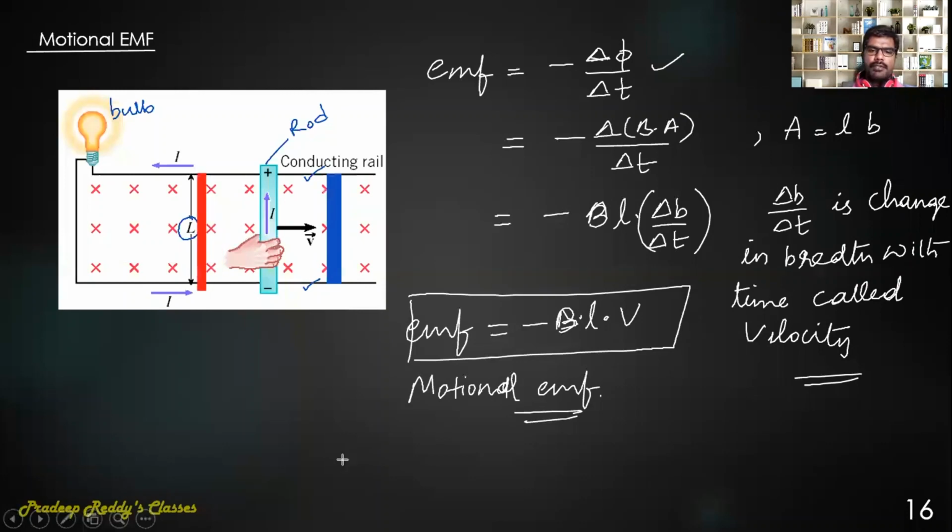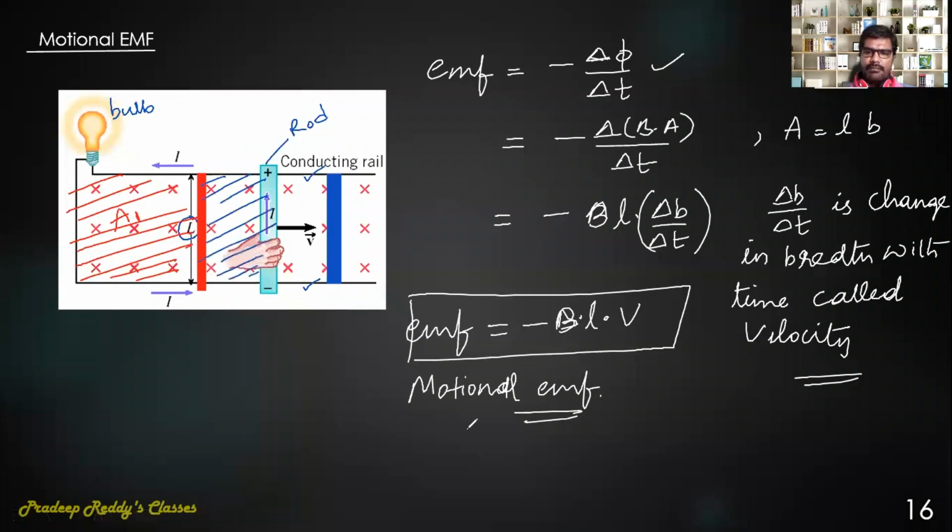So L is length, which is not variable, but if you observe the area of cross section here, initially I name it as A1. Now, when you are moving the rod outward from the red color mark to the other side, what happens to this area? Area is increased. The area of the circuit is increasing, which is represented by the increase in breadth with respect to time.